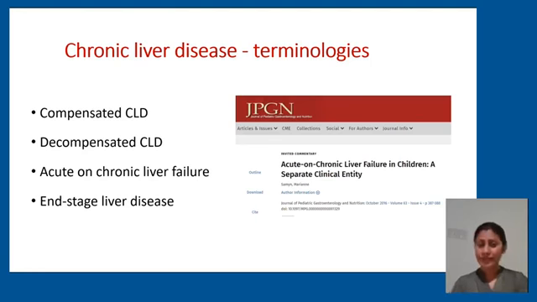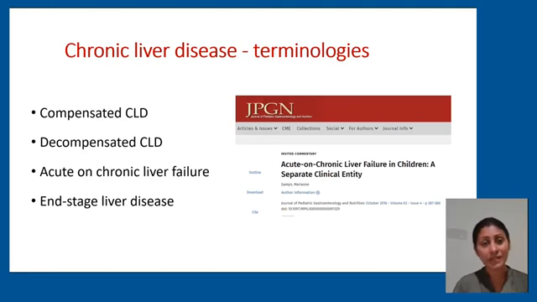Acute on chronic liver failure, or ACLF, is it different to decompensated chronic liver cell disease? Yes. In JPGN, there was a publication which indicated that ACLF is a different category, a different disease entity compared to decompensated chronic liver disease. In decompensated chronic liver cell disease, you have a child who's known to have chronic liver cell disease and you see episodes of decompensation or gradual decompensation.